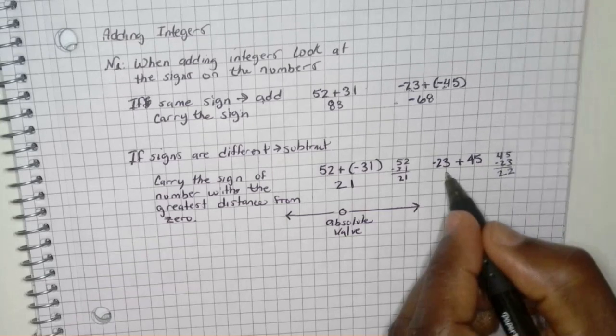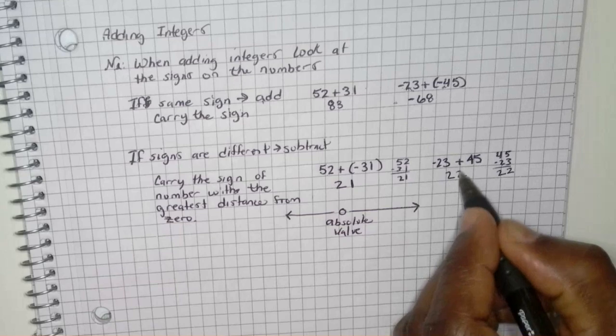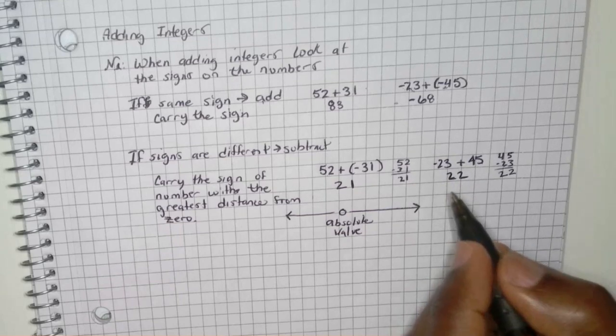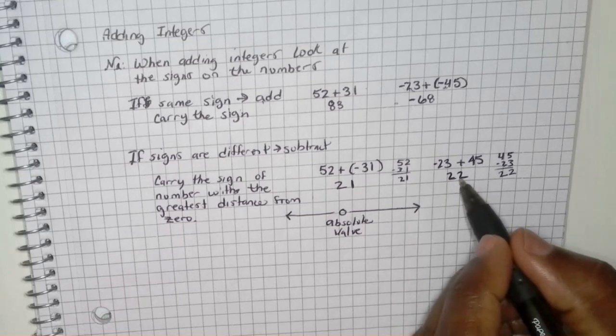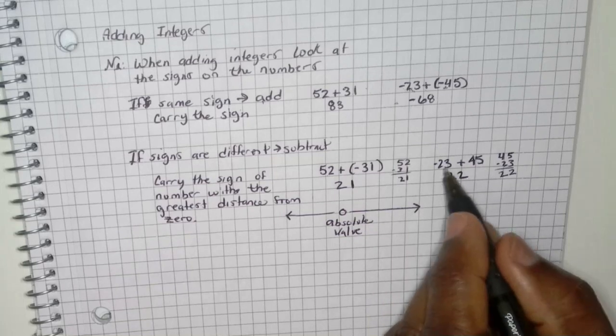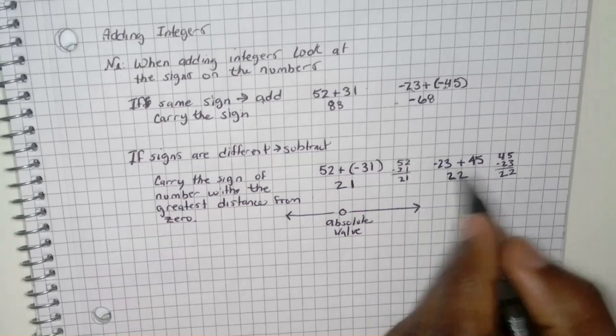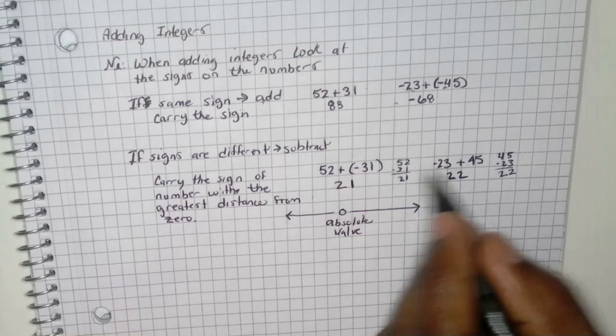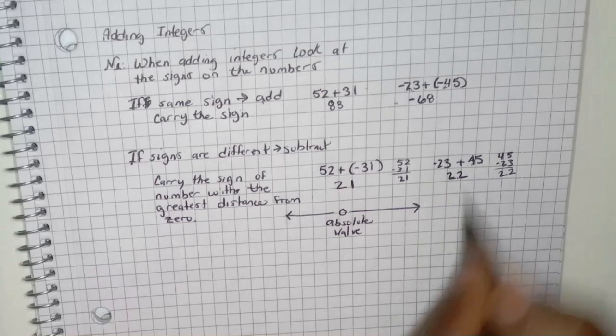Now, is it going to be 22? Who has the greatest distance from 0? Well, 45 will be farther from 0 than 23. 45 to the right is farther away from 0 than 23 to the left. So it's going to stay positive.